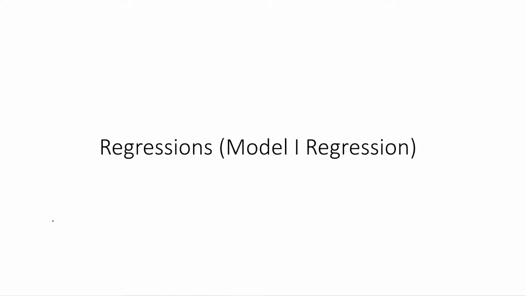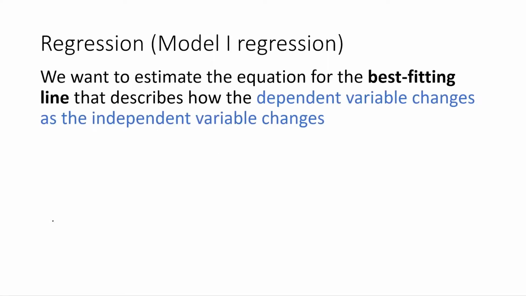So when we do our model 1 regression, we want to estimate the equation for the best fitting line, or line of best fit, that describes how the dependent variable changes as we change the independent variable.